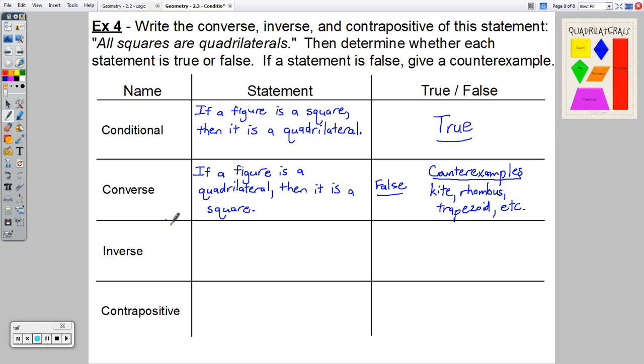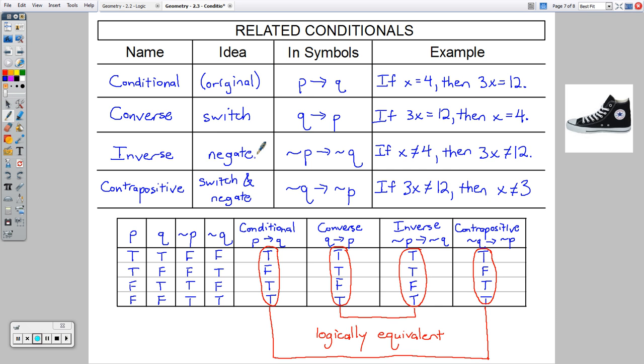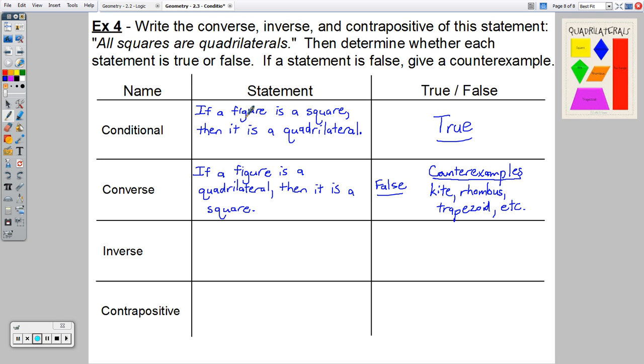Inverse, now we take the original statement and we negate it. So we're not going to flip things around, we just put nots in there. So we would say something like, if a figure is not or isn't, both would work. I'll go with is not.